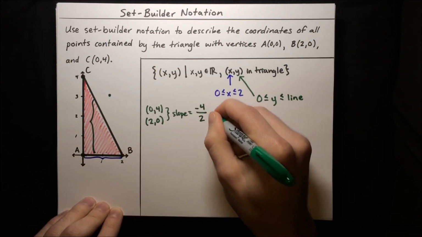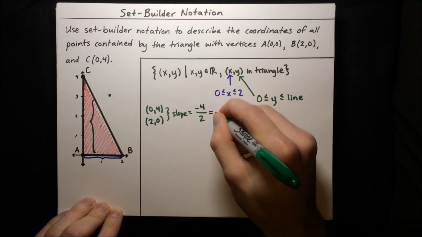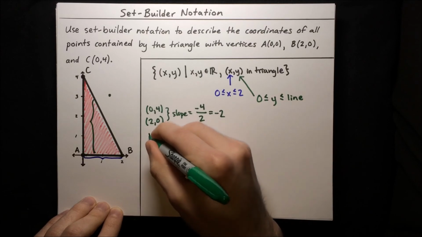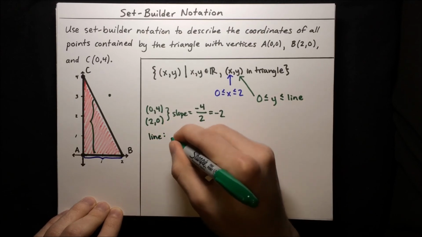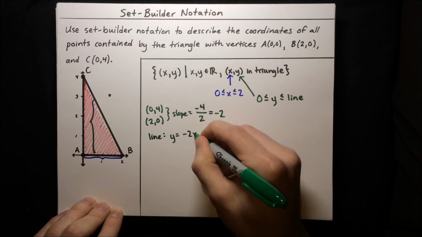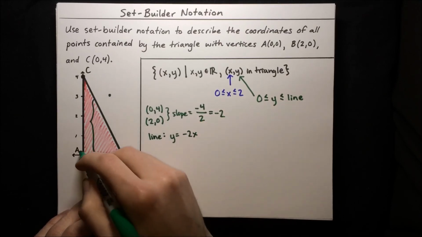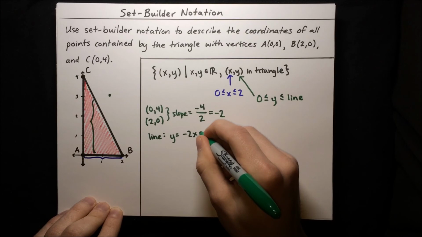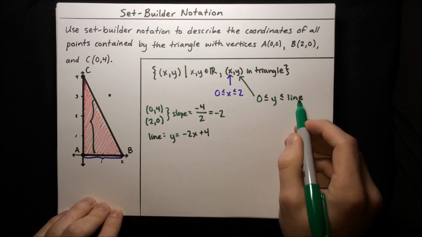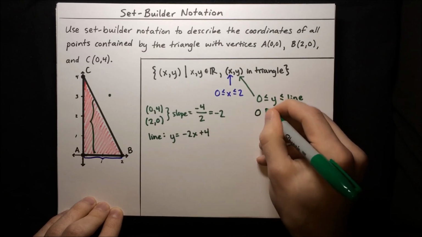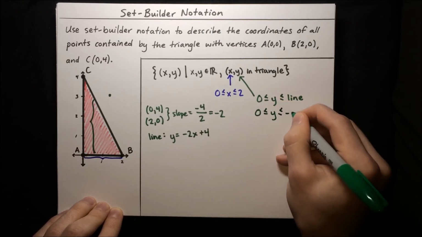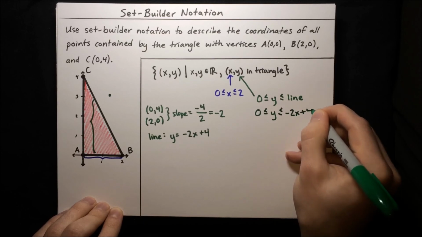So slope is -4 over 2, which is equal to -2. And that tells us that the line is then y equals -2x plus b, where b is our y-intercept, which we already know is 4. So -2x plus 4. Okay, so that's what we can write in for our line. So 0 is less than or equal to y is less than or equal to -2x plus 4.